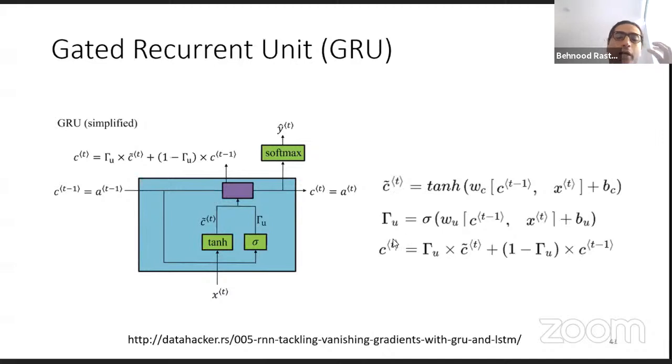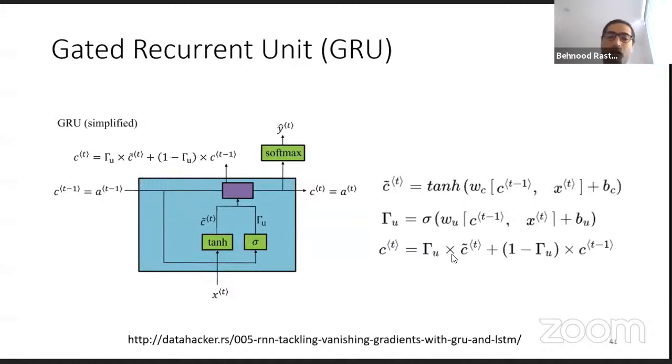And then we have an update gate, lambda u, and based on the value of lambda u, we decide if CT should be updated with the new variable or keep the previous value.